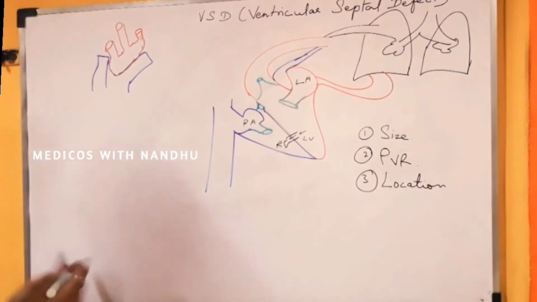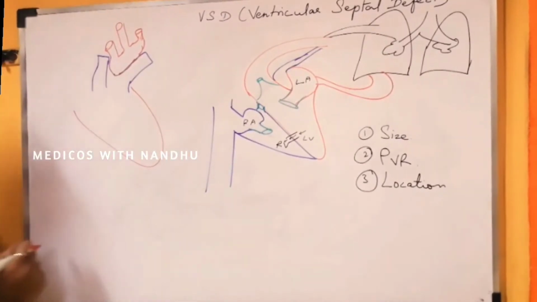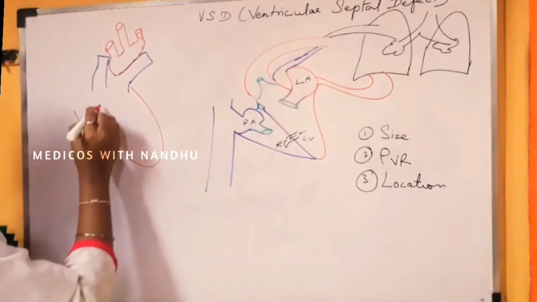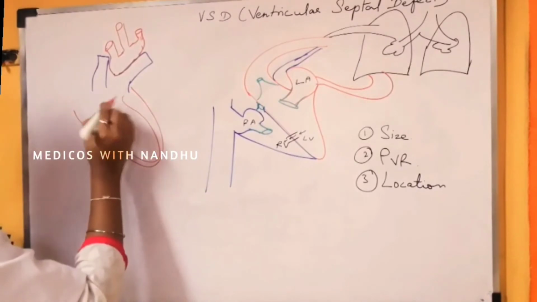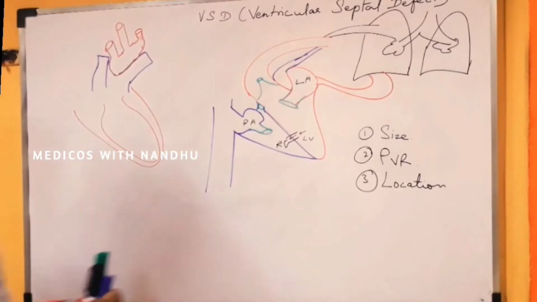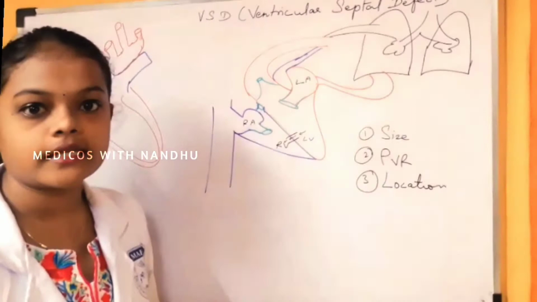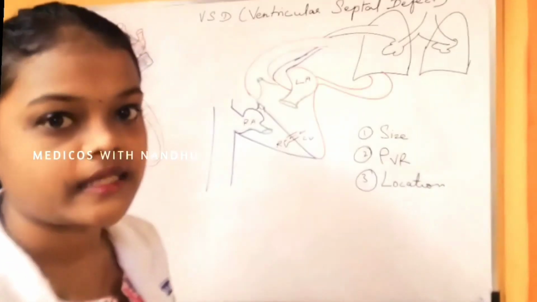Okay, so here we have the ventricles. Just imagine the ventricle is present like this. There are four types of VSD, like ASD.